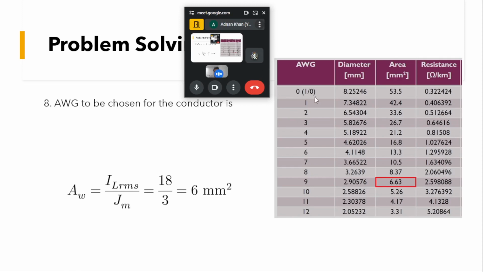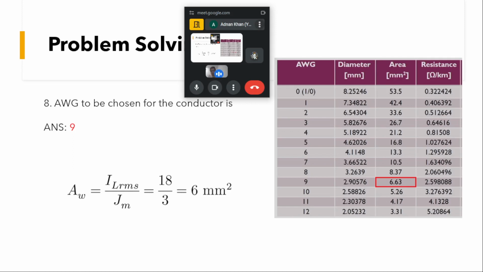But as we decrease the AWG number, the area of the wire will increase. Since we have already chosen the core, if we take a higher wire area, the overall number of turns in the window will be limited, because the cross-section area of the wire is increased and we have a limited window area.